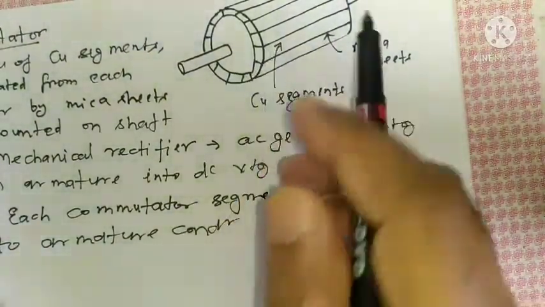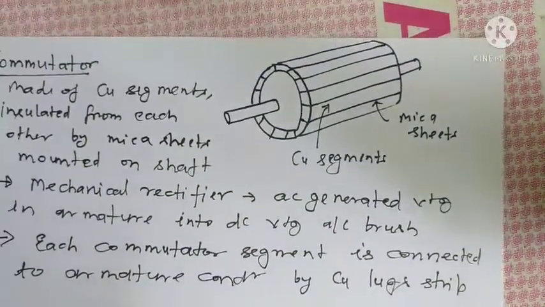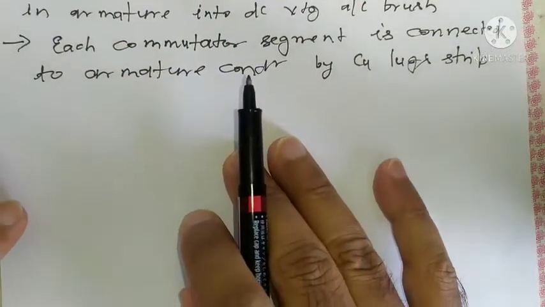Armature conductors can be soldered with copper segments also. So this is what the commutator is and how it is converting AC into DC.